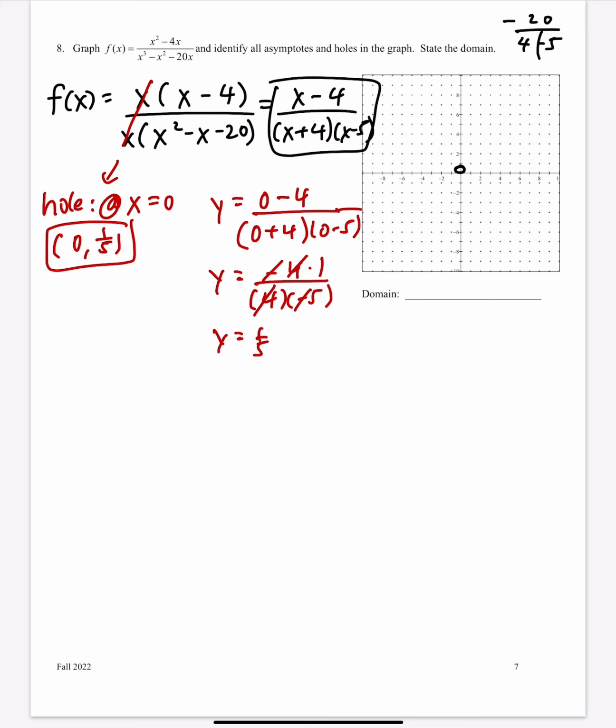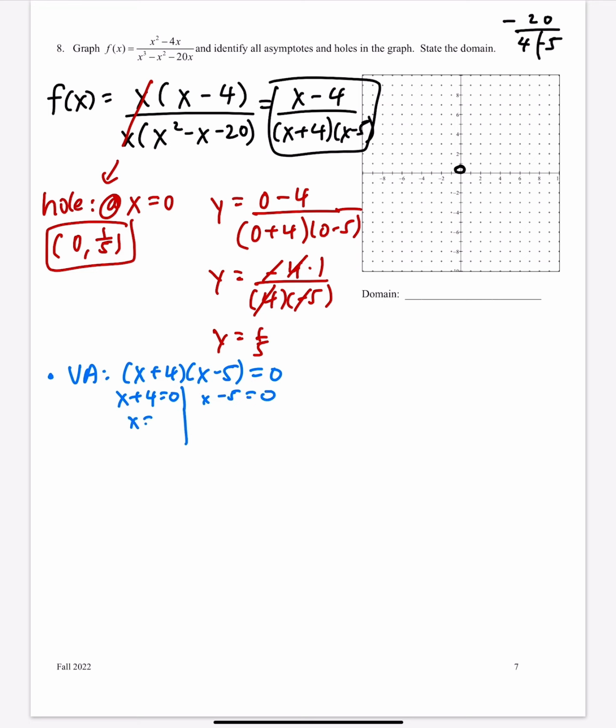Okay. I like to solve for the vertical asymptote next. So to do that, I take my denominator, x plus 4 times x minus 5, set it equal to 0, and then solve for x. So we need to take each factor, set it equal to 0, and then solve.